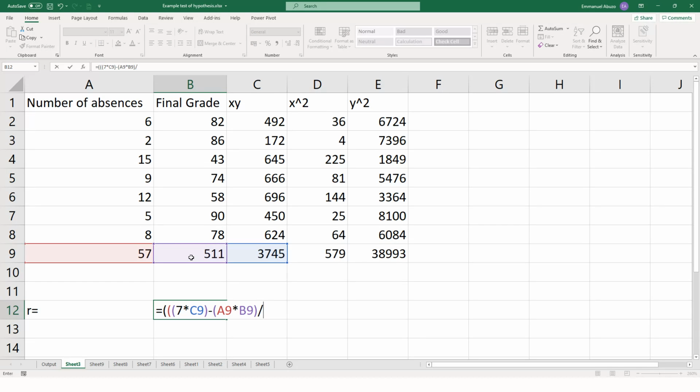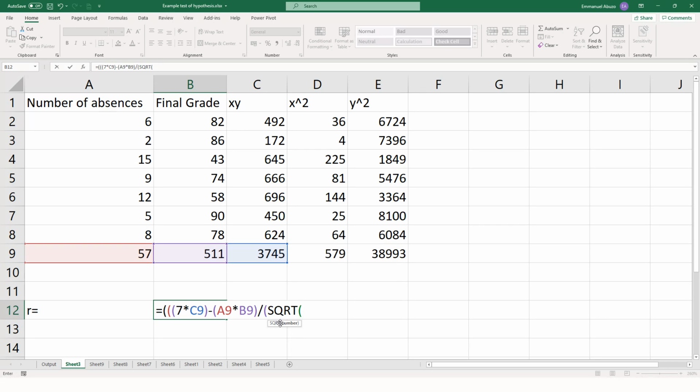Divided by, then our denominator would be, you have open parentheses, and then you have square root of everything in the denominator.